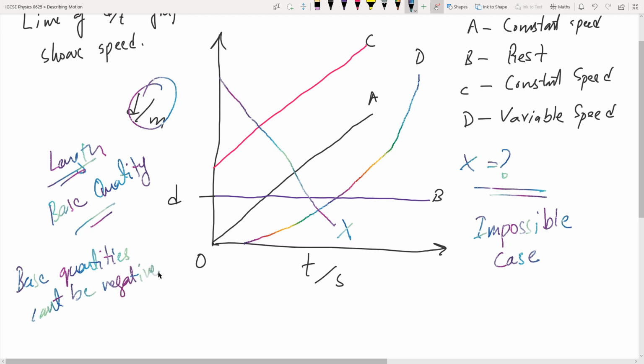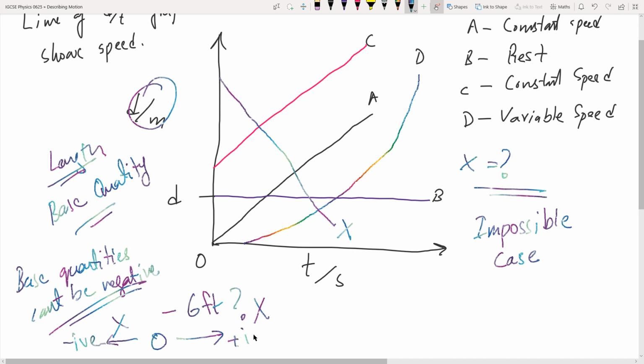Let's say I ask for your height. Would you say I am minus 6 feet in height? No, not possible, right? So base quantities are always positive values. They go ahead of 0. They don't go into the negative side. So it's not possible. This is an impossible case, right?